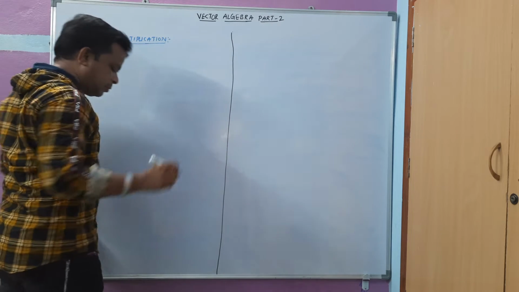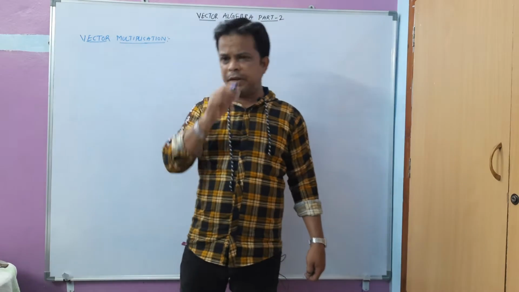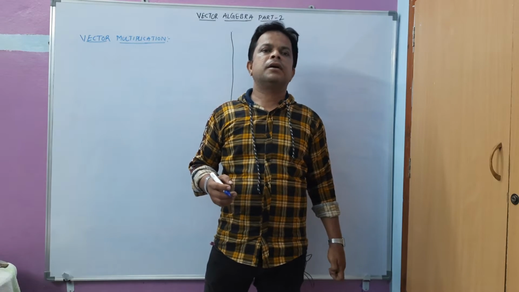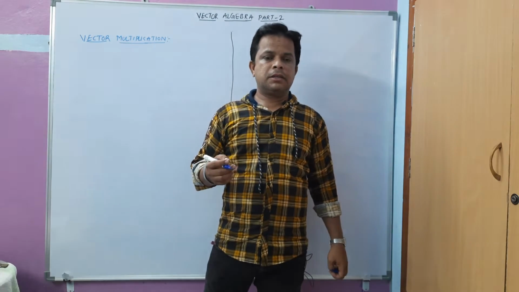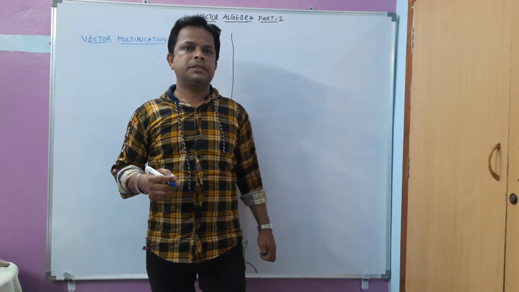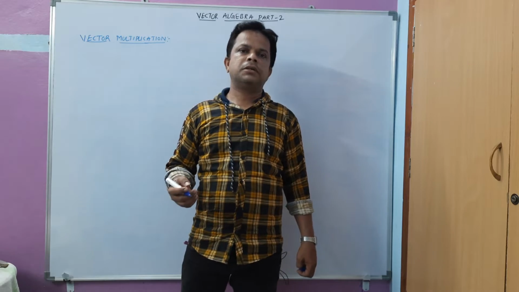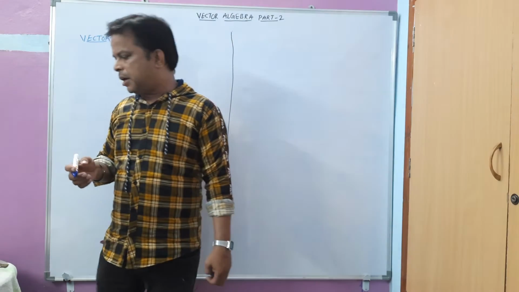Generally, suppose you have vectors A and B, we can multiply those vectors in two ways. Either we can carry it out by using the dot product or the cross product. It is dependent on how they are multiplied.